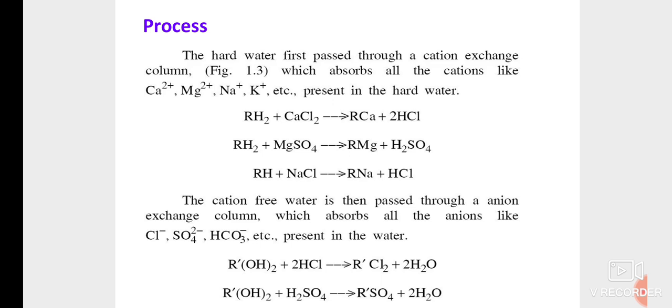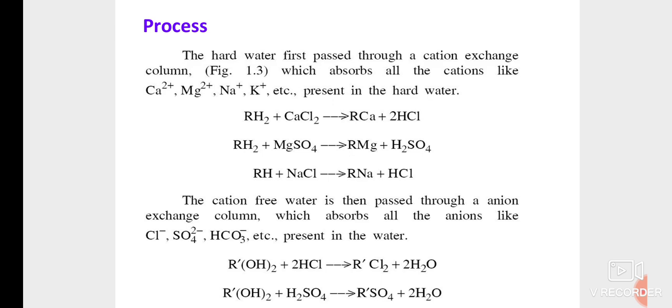The R-OH twice absorbs all the anions in the water to form demineralized water. Okay. So what are the reaction mechanisms involved in the anion exchanger column? We have to see one by one.